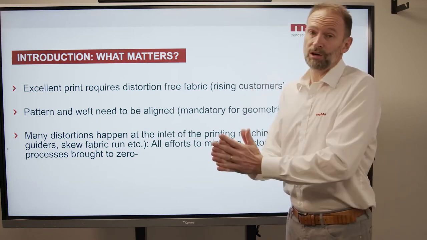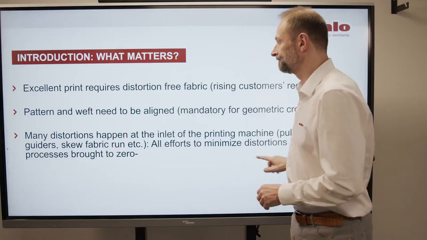So many distortions though, they also happen at the inlet of the printing. So this is something you can avoid if you use also a very good straightener for digital printing, in the application of your digital printing line. Very often, I've been production manager myself for a long time, operators fail to have that look for straight fabric or for quality issues in general, and therefore it is always good to have it in an automized process.